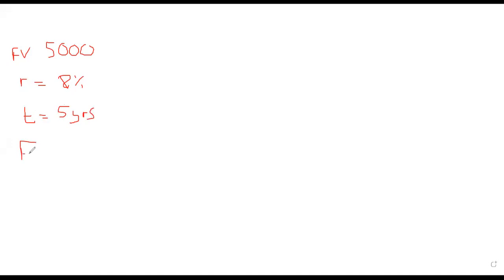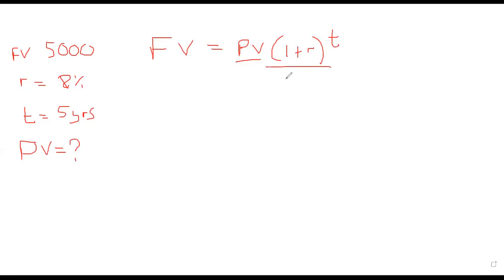How much must you invest now? That is called the present value. We know that the future value is present value times 1 plus r to the power T. So to make this the subject of the formula, we divide both sides by 1 plus r to the power T.